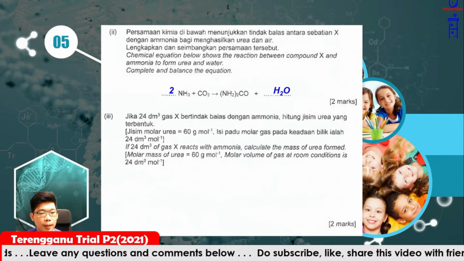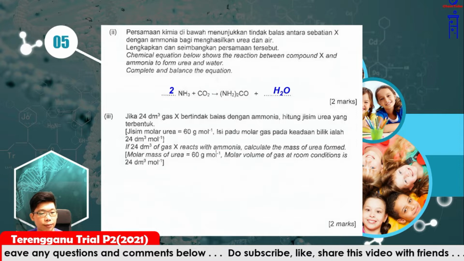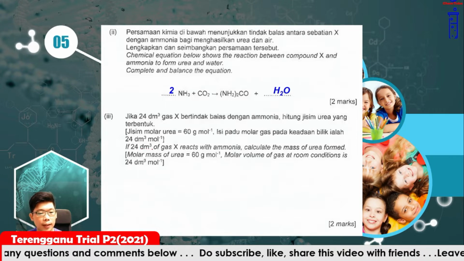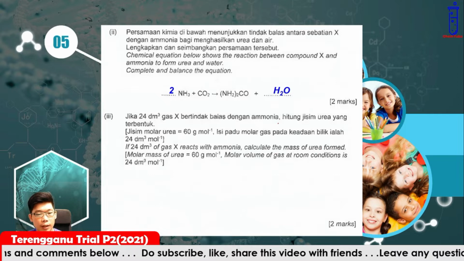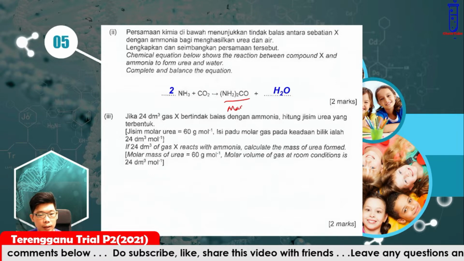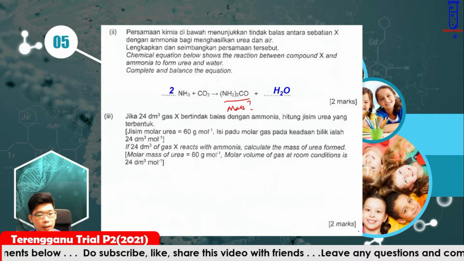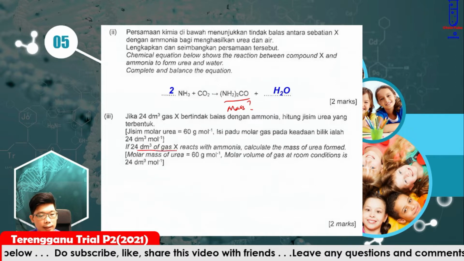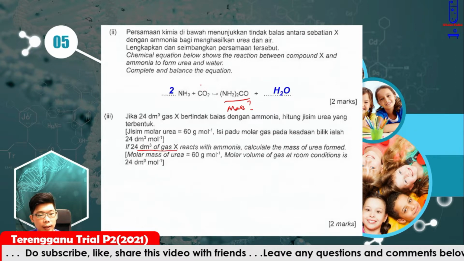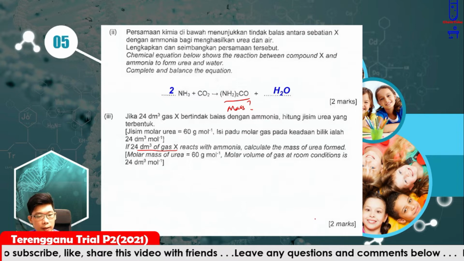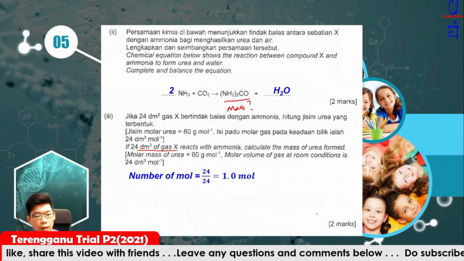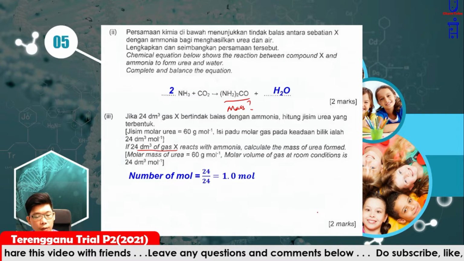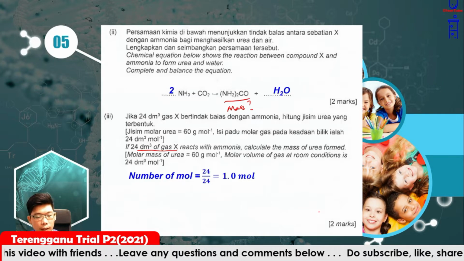Next, if 24 cubic decimeter of gas X reacts with ammonia, calculate the mass of the urea formed. So given to you, gas X is here, 24 cubic decimeter. So we find the mole: volume over the molar volume, so you get 1 mole.